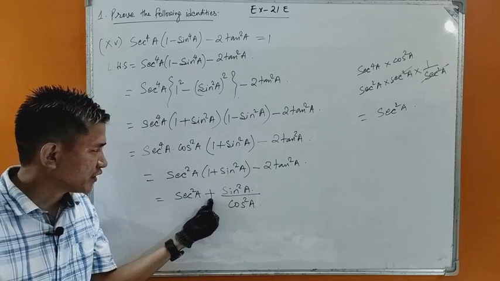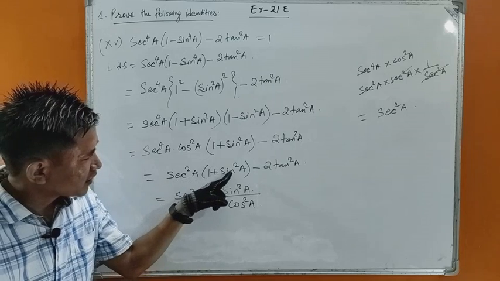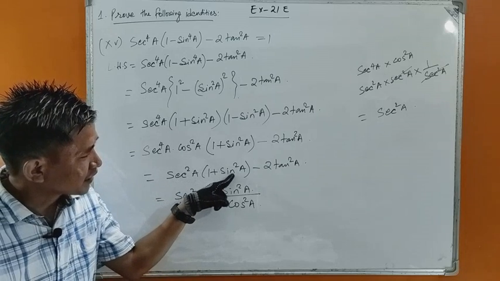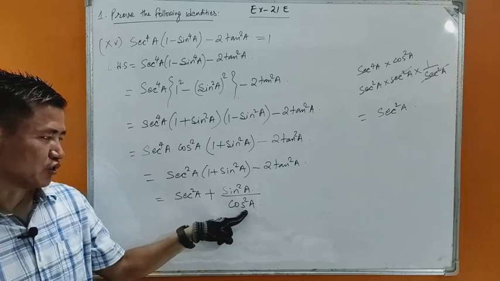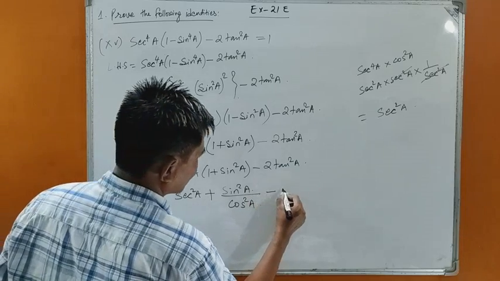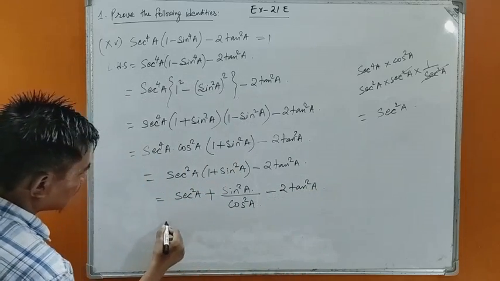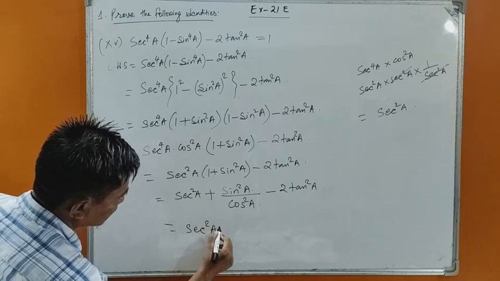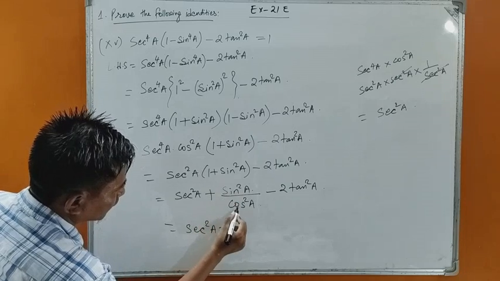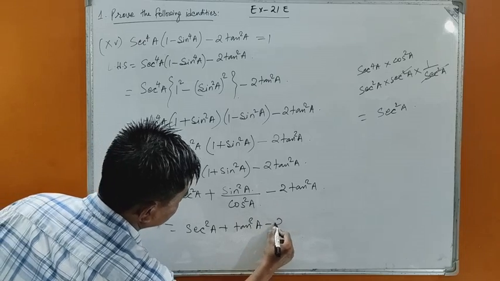This plus comes here. Now sine square a is here as it is. Sec square a into sine square a means sine square a sec square a. That sec square a goes to the denominator and it becomes cos square a minus 2 tan square a equals to sec square a plus sine square a upon cos square a is tan square a minus 2 tan square a.